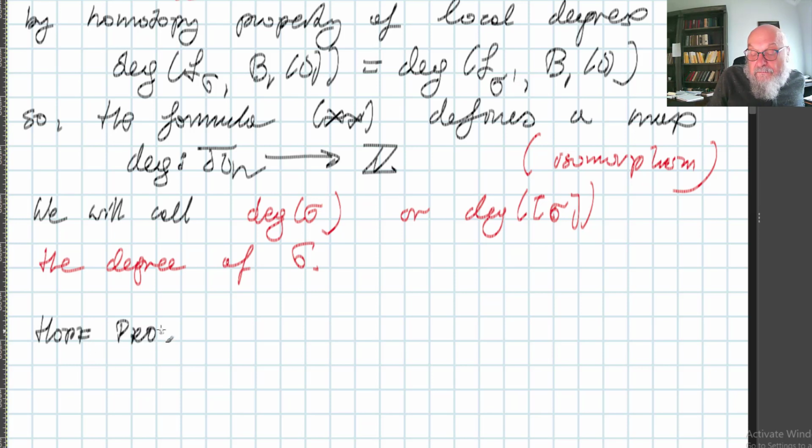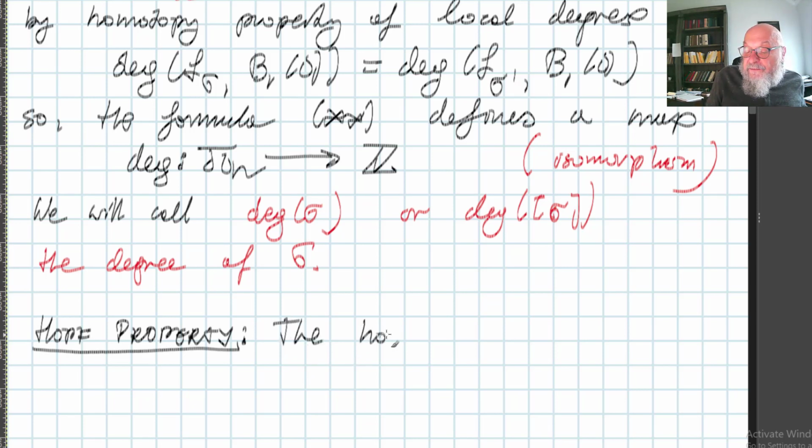I'm not going to talk about this. We won't really need this Hopf property. So the Hopf property says simply the homomorphism, the group homomorphism.